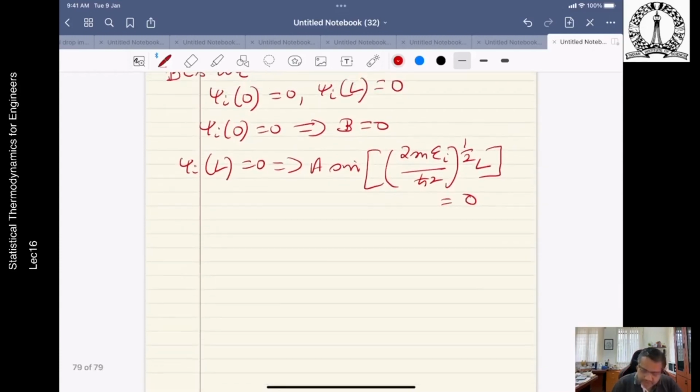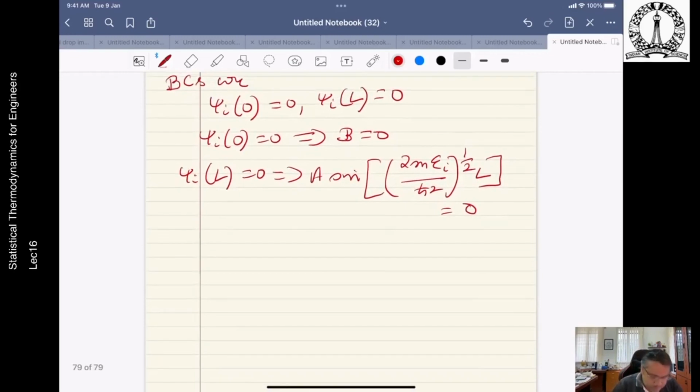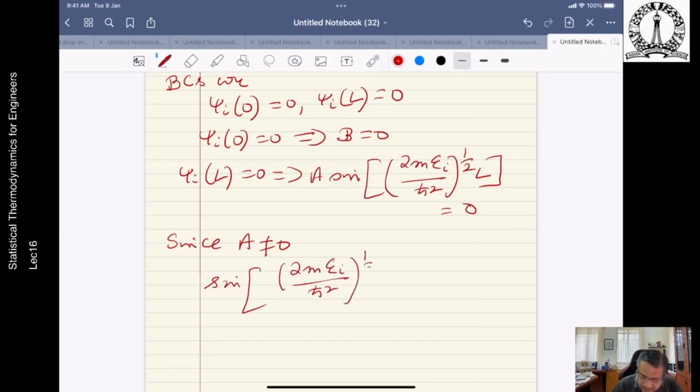Since A cannot be 0, otherwise psi is 0 and that is a trivial solution, this means the argument of the sine must be 0.